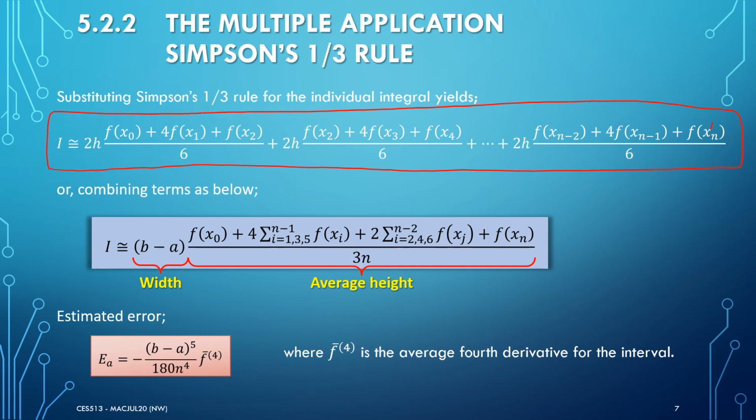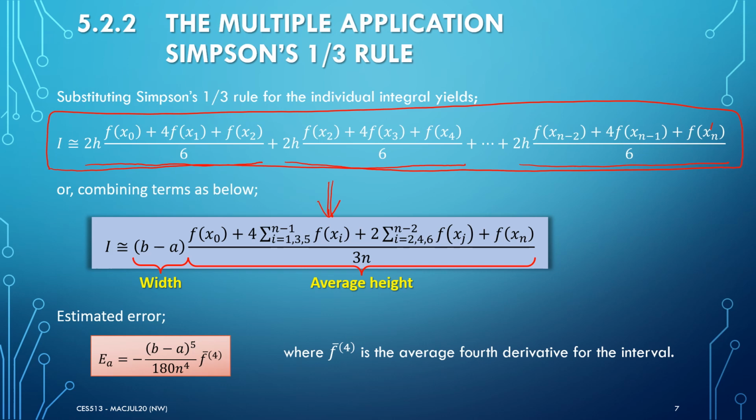So the summation of the integration is equal to the individual integration for the first integral plus the second integral and so on until the nth integral. Or the terms can be combined as below here.